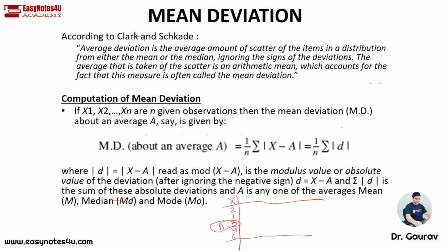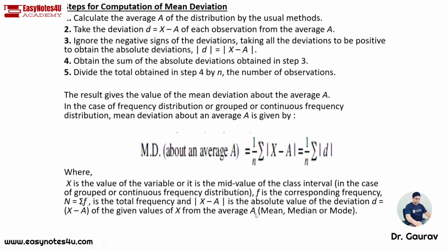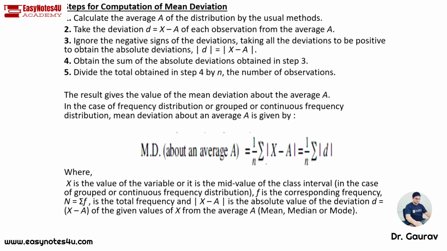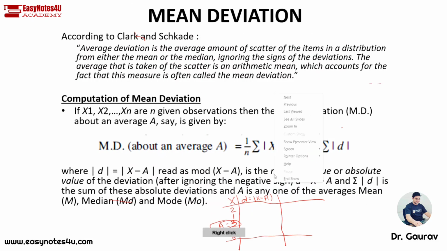Now we have to take the deviation from the assumed mean, x minus a. So 2 minus 3 is minus 1, and we ignore the minus sign, so 1.